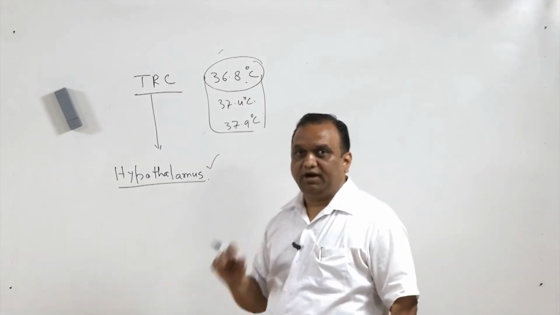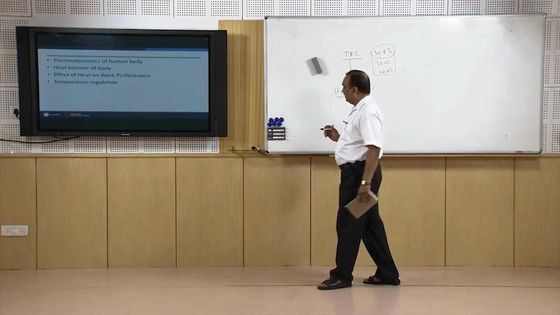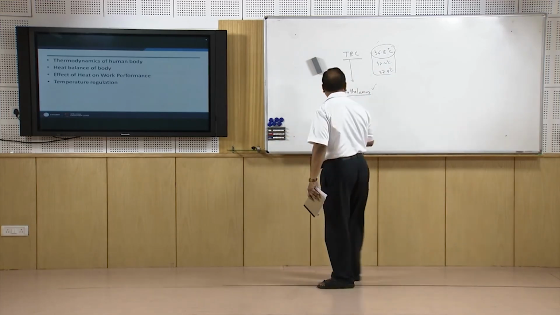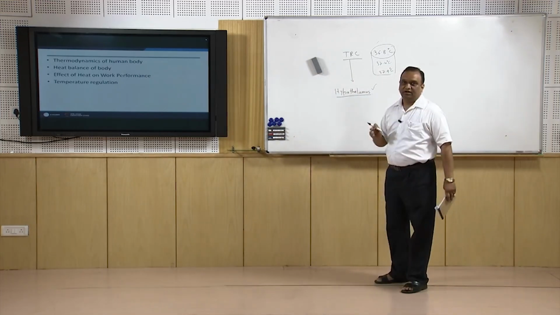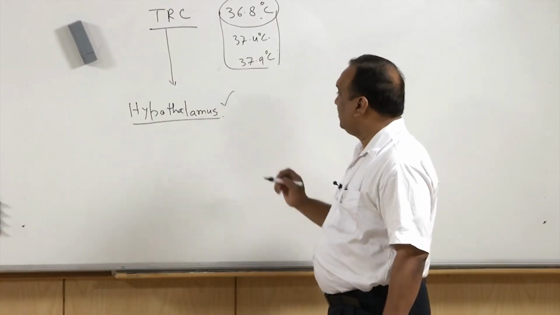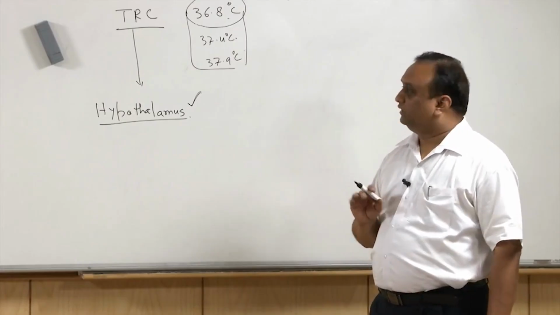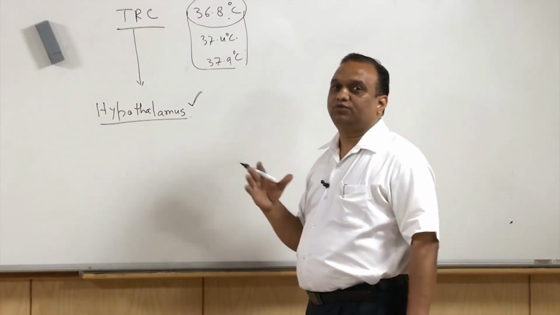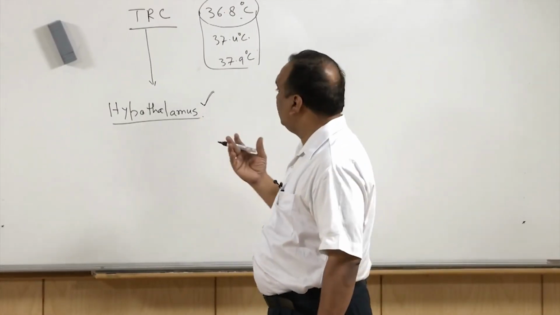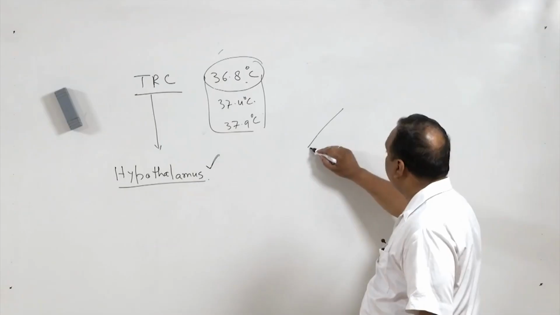Now, the blood in the body has many functions. The function of the blood in the body is not only to circulate oxygen to different parts of the body, but blood also helps in cooling the body in a significant manner. Suppose there is a rise in outside temperature. When there is a rise in outside temperature, the blood flow near the skin will increase.